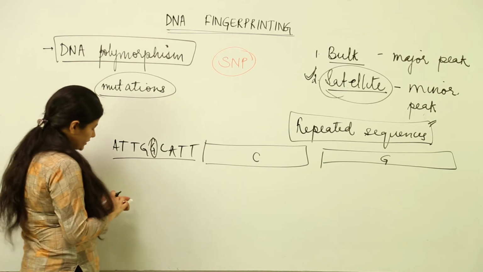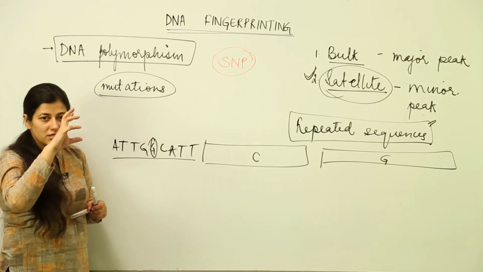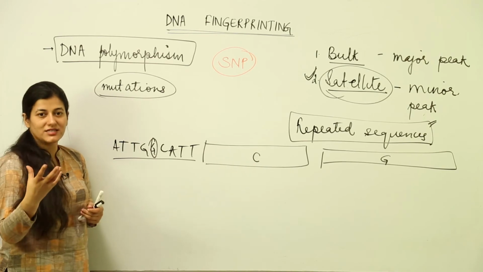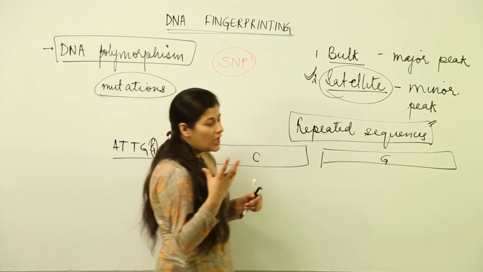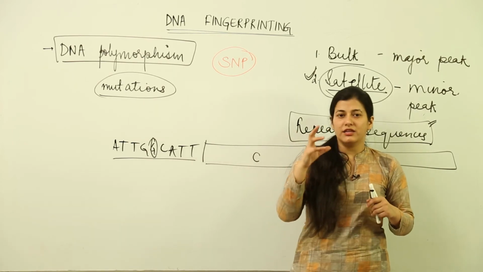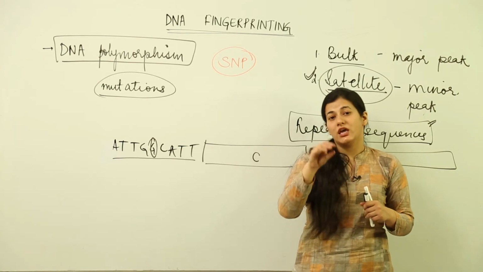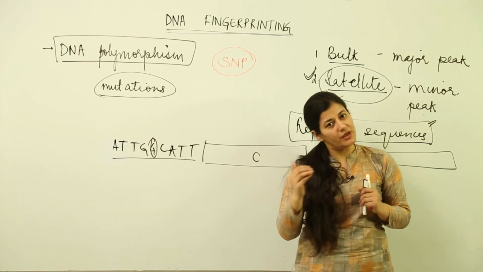See, when we studied mutations, we came to know that an individual undergoes many mutations during his or her lifetime, and if they are somatic, they are not inherited, but in case the mutation comes in the germ cells, that would be inherited.